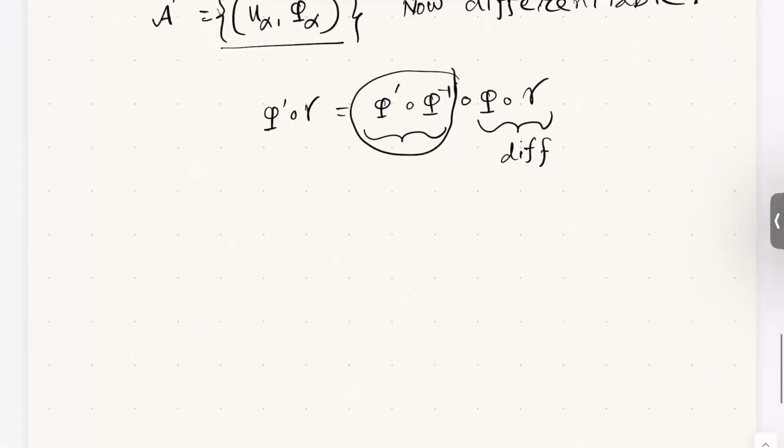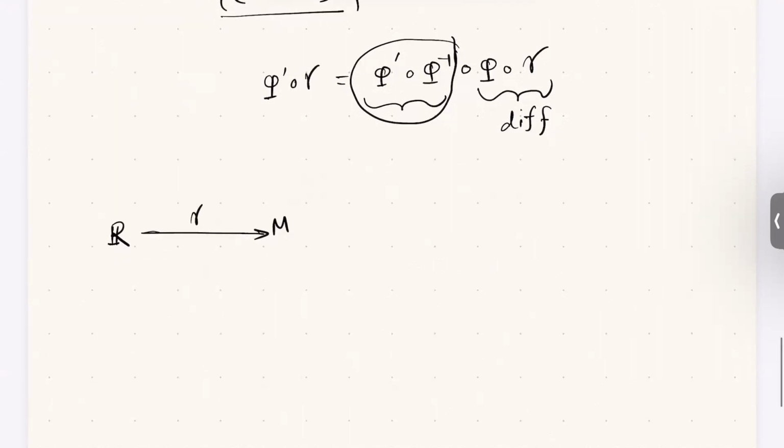So that means, although we don't know what differentiability is on the manifold level, we can always do something like this. If this is my manifold, I can always consider a curve from the real number set to the manifold, gamma, and I can always consider a chart to some Rn.